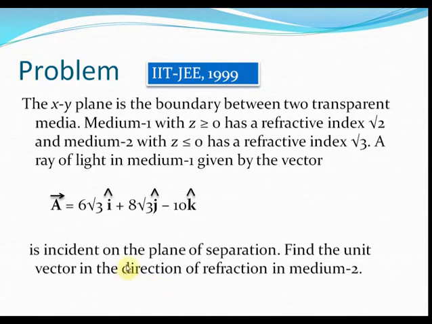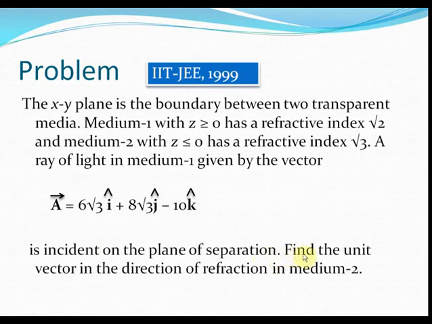The XY plane is the boundary between two transparent media. Medium 1 with z greater than or equal to 0 has a refractive index of root 2, and medium 2 with z less than or equal to 0 has a refractive index root 3. A ray of light in medium 1 is given by the vector, this particular vector. This is incident on the plane of separation.